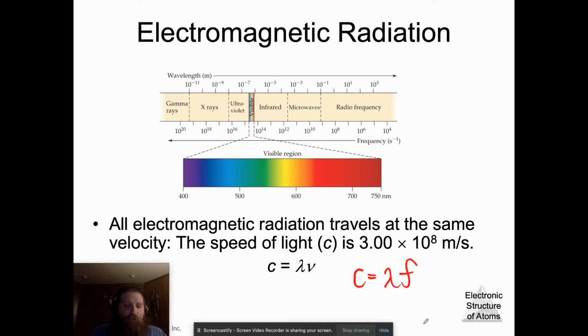That's the speed of light. It's 3.00, accounting for sig figs, times 10 to the 8th meters per second. So light moves fairly quickly. That is the speed of light in a vacuum. That is not the speed of light through all mediums. Obviously, if you pass light through glass or through water and you see refraction, that's because the light is moving at a slower speed than it was before.